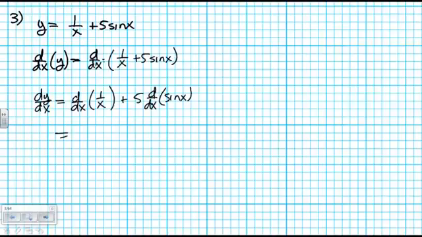We've done the 1 over x problem so many times I've memorized the solution. It's negative 1 over x squared plus 5 times the derivative of sine, which is cosine, giving us the answer of negative 1 over x squared plus 5 cosine. Sometimes the books like to have the negative stuff at the end, so you might see that answer in the book instead.